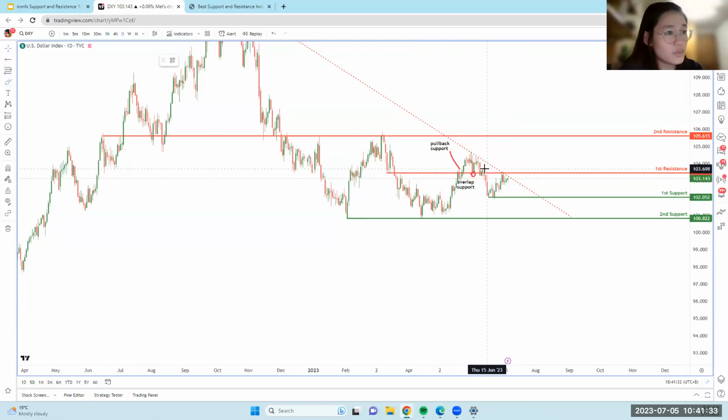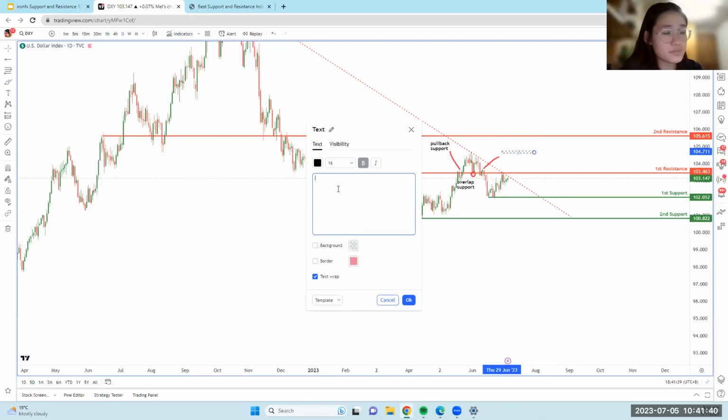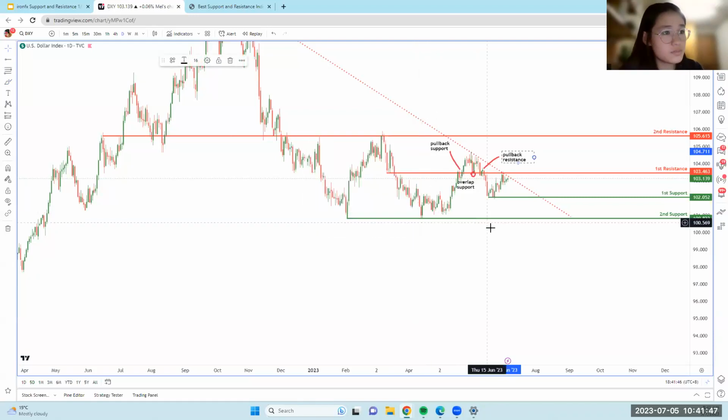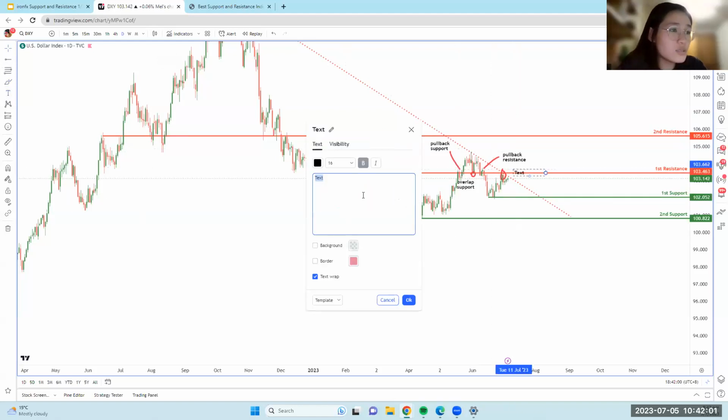And at this part where it cuts through the level, then it becomes a pullback resistance. Okay, you can see we retrace back to over here. So finally, at the circle, at my last circle, it is an overlap resistance.